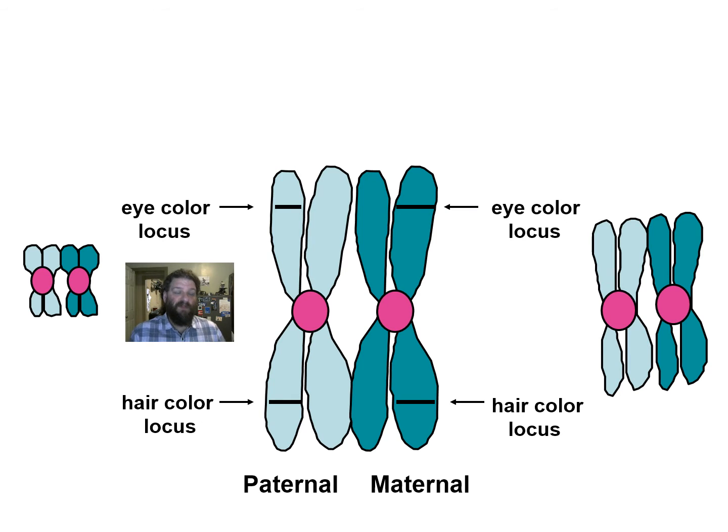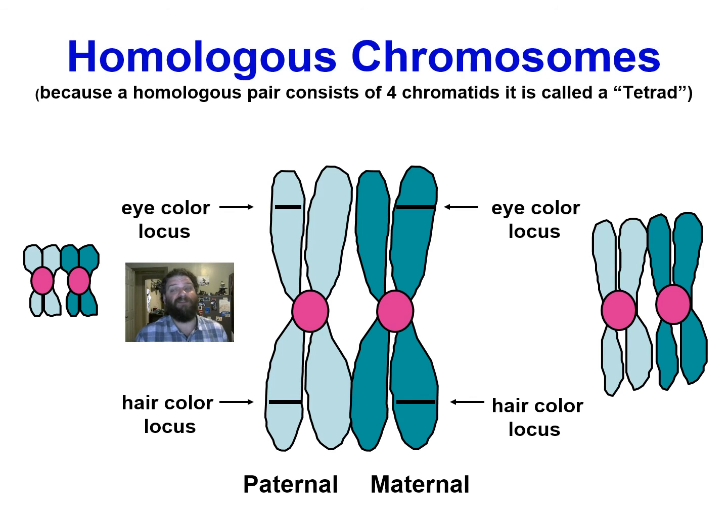During meiosis, these homologous pairs of chromosomes are going to join up, and they're going to form a single unit called a tetrad. And the reason why we call them a tetrad is because they have 1, 2, 3, 4 different chromatids. Remember, these sister chromatids, right? Here's dad's two sister chromatids, the result of replication.